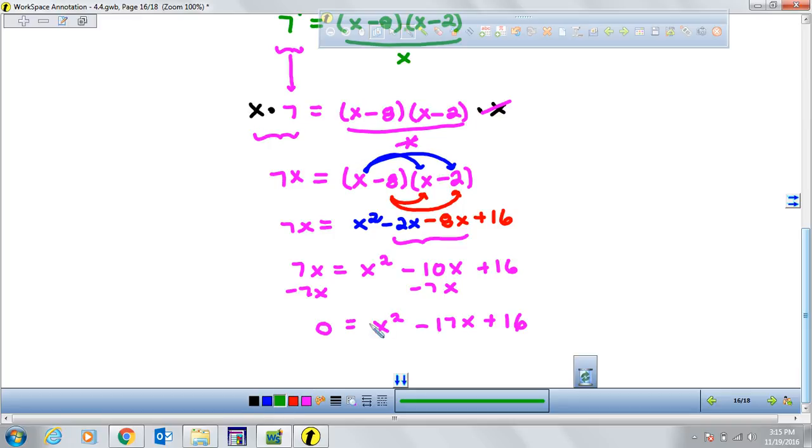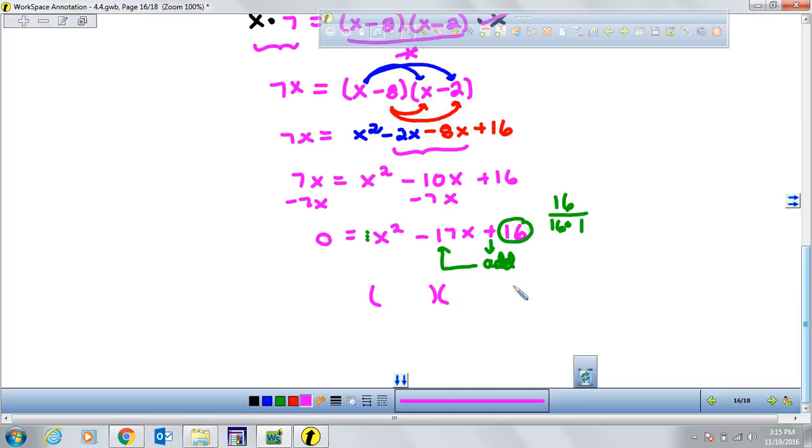Now in this case you see that the value of a is 1, right? There is no number in front of the x squared, so we just need to find the factors of the last number, right? Because there is no a value. So we just find the factors of 16, the factors that multiply to 16, and according to this sign tells me that when I add them they give me 17, so the factors will be 16 times 1.